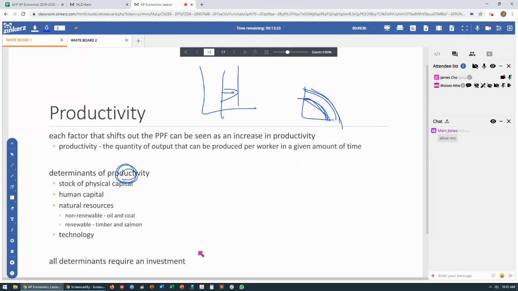But increasing the quantity, or a lot of times increasing the quality of resources, requires an investment. From where? From firms. Firms need to spend money to make their production a little bit better. But the great thing about investment spending is, again, what is investment?